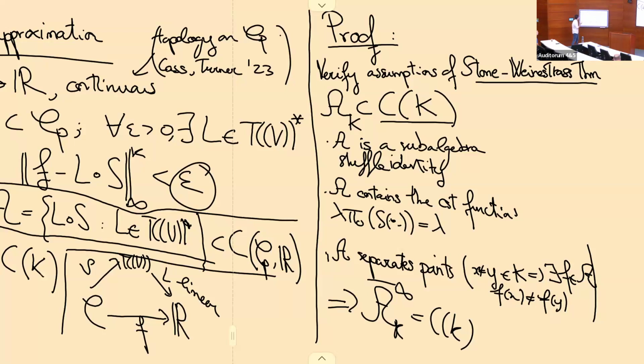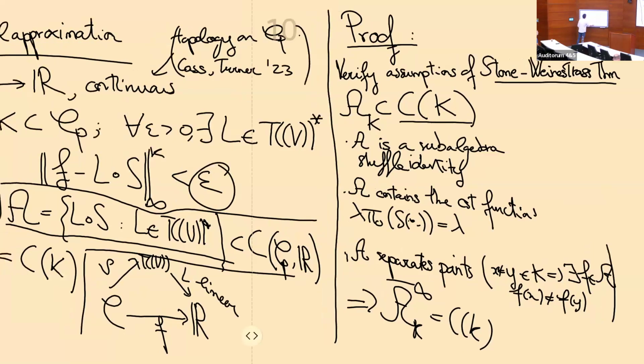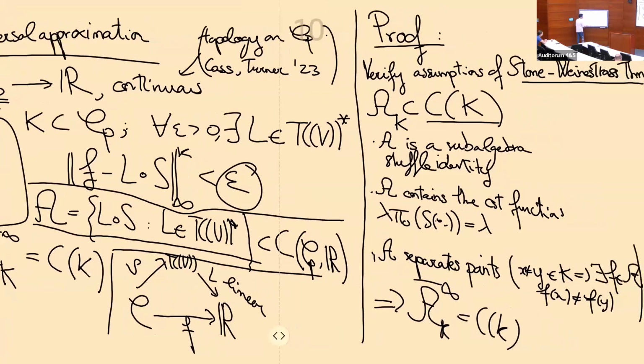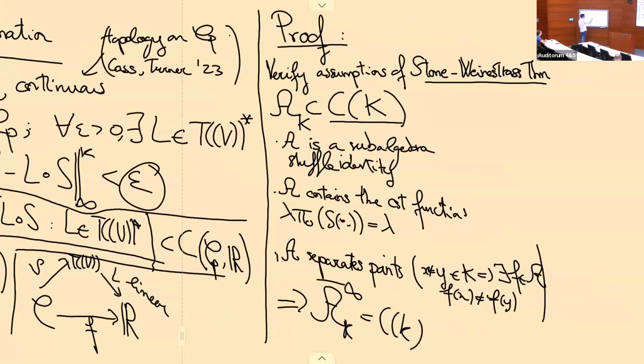If instead of unparameterized paths I consider classical paths, where would this theorem fail? It would not fail at the level of the subalgebra, because the shuffle identity still holds. It would not fail at the level of the constants, because that still holds. It would fail at the level of separating points.